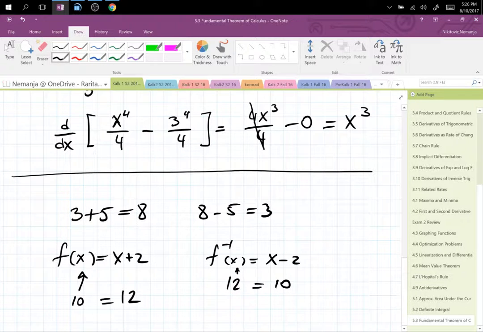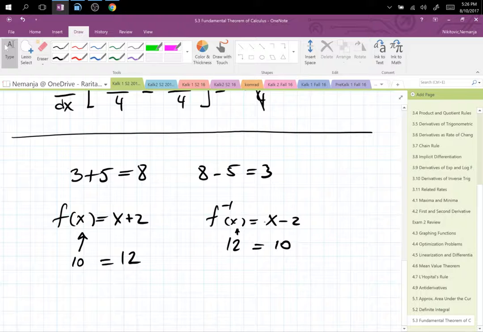So the thing is that when you do composition of these two inverses, so if you do function composed with the inverse, you just get x back, right? You get the original x back.